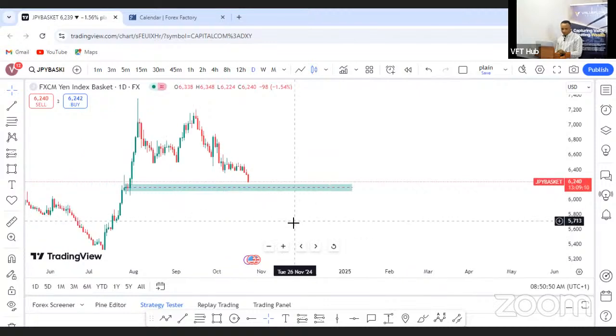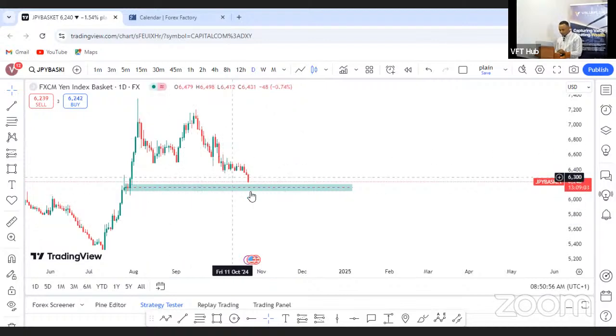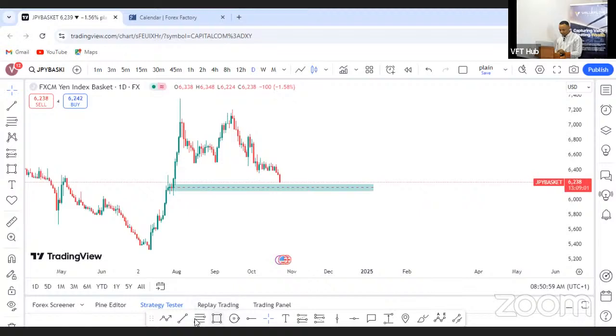By this, we're looking out for buys on yen pairs, GBP/JPY, and the likes. So we want to see how the yen basket is going to react after it trades into this place. We're expecting some buys from there to the upside.